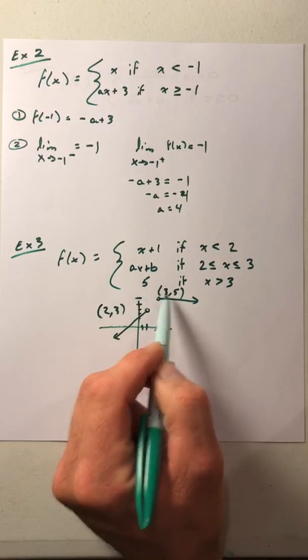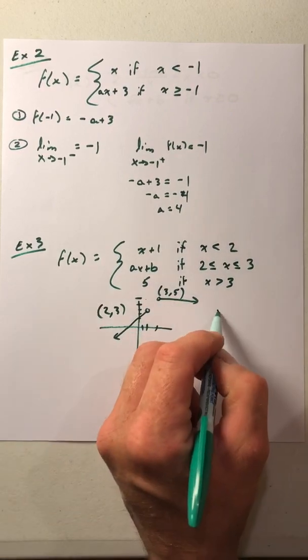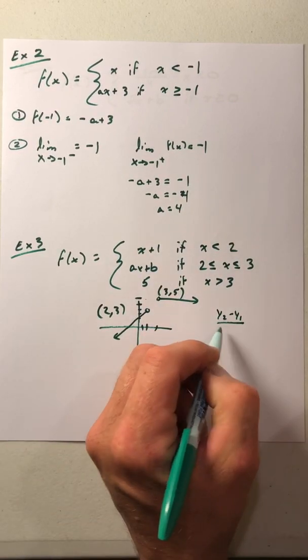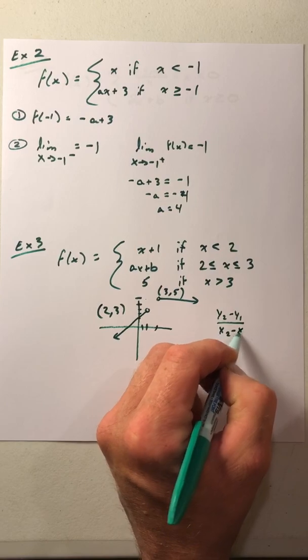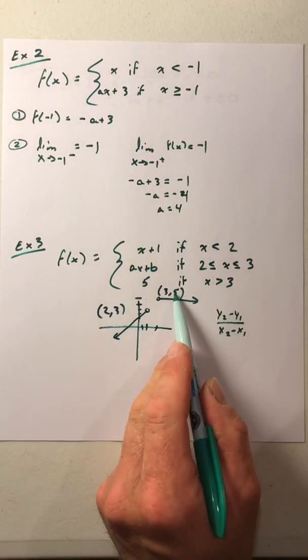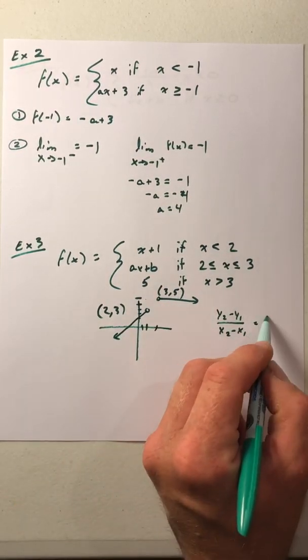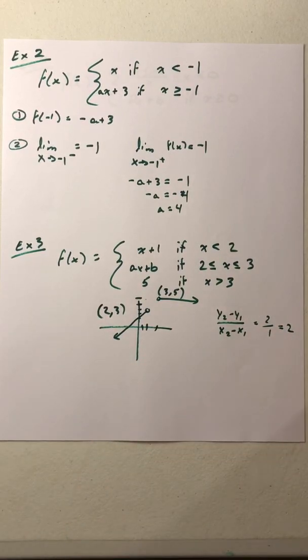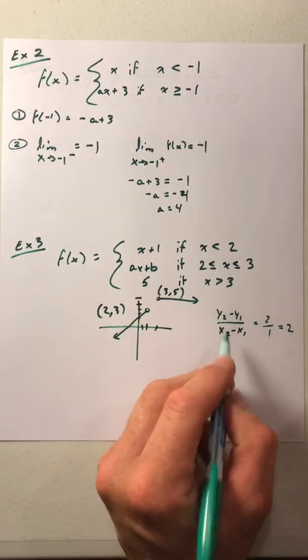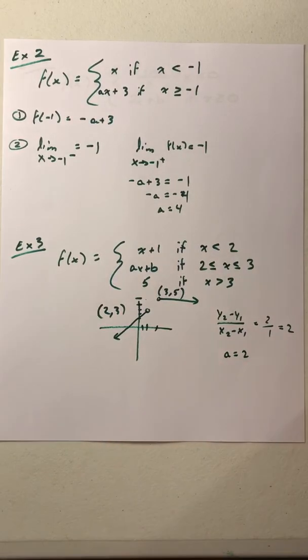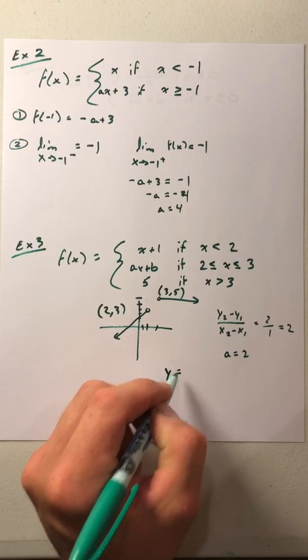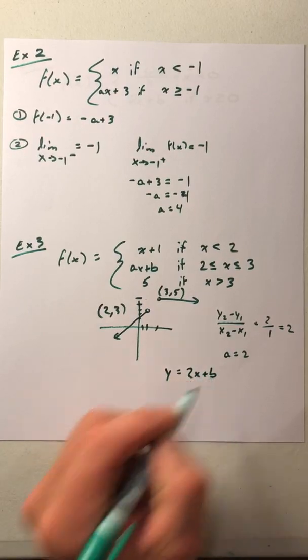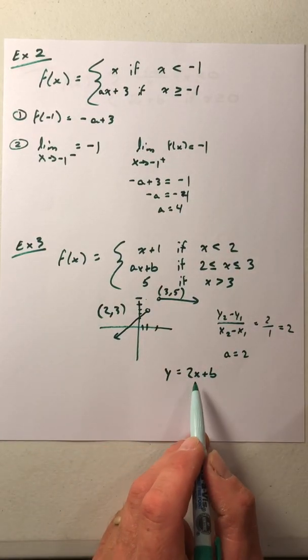So can I find the slope between these 2 points? Remember, slope, the change in the y's over the change in the x's. So here I have 5 minus 3, which gives me 2 over 3 minus 1. So we have a slope of 2. So I know my a value has to equal 2. Can I find my b value? Well, again, remember, we have at this point y equals 2x plus b.